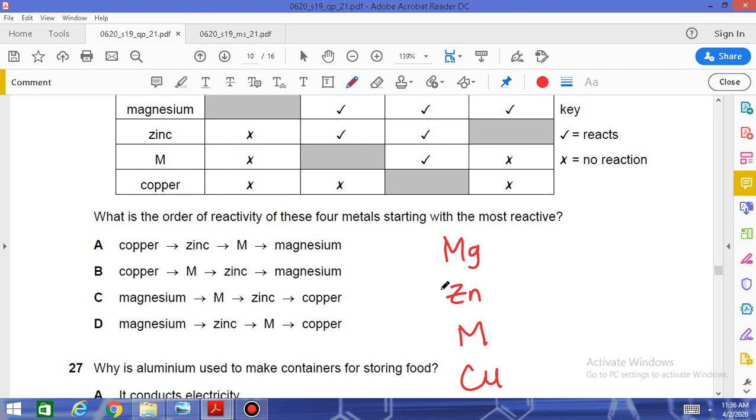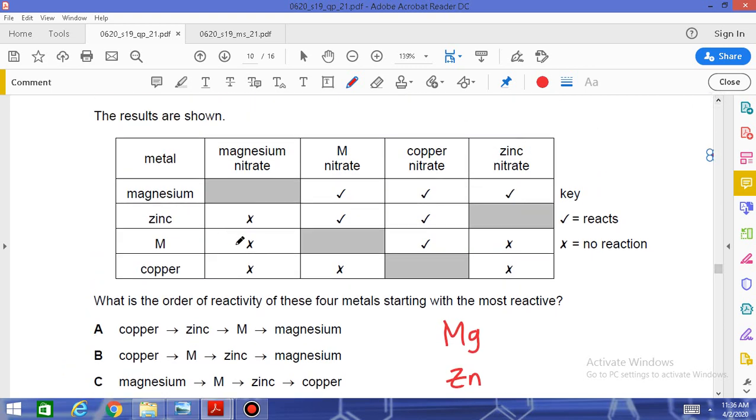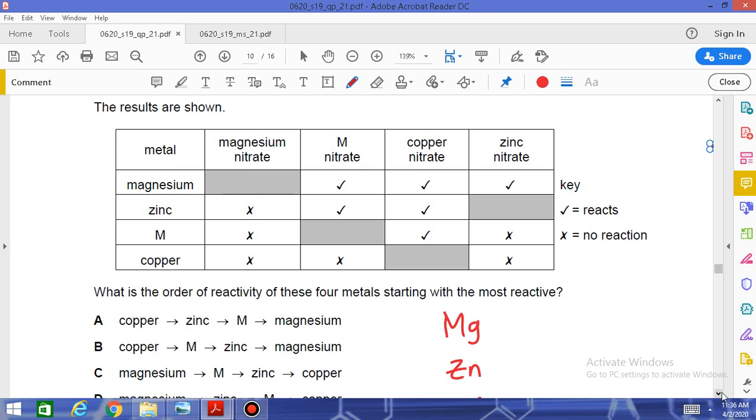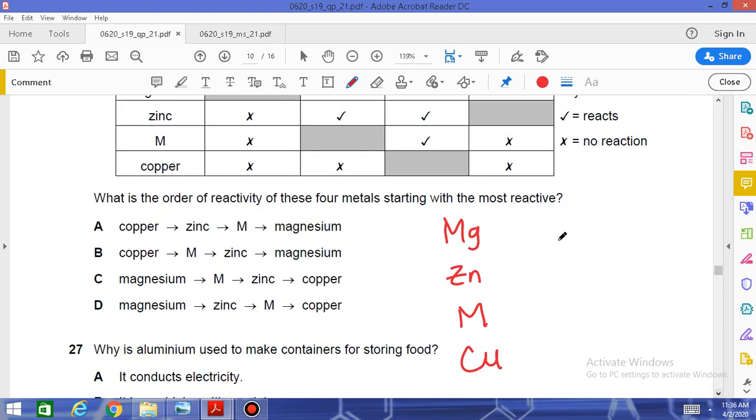M is below zinc, so M is less reactive than zinc. Okay, copper cannot displace all metals. It means that copper is the least reactive metal. Okay, so as we go down, they have less reactivity.